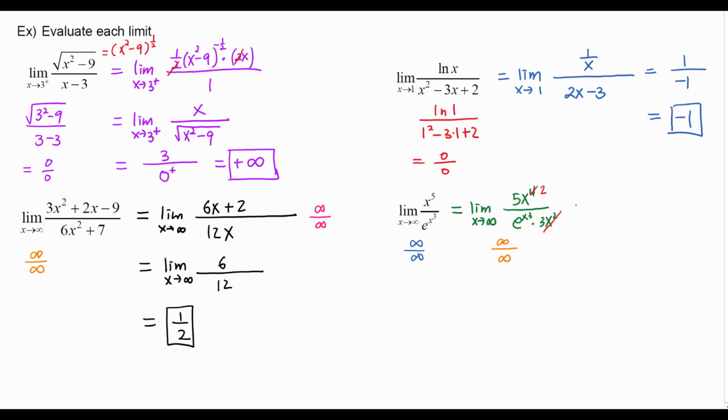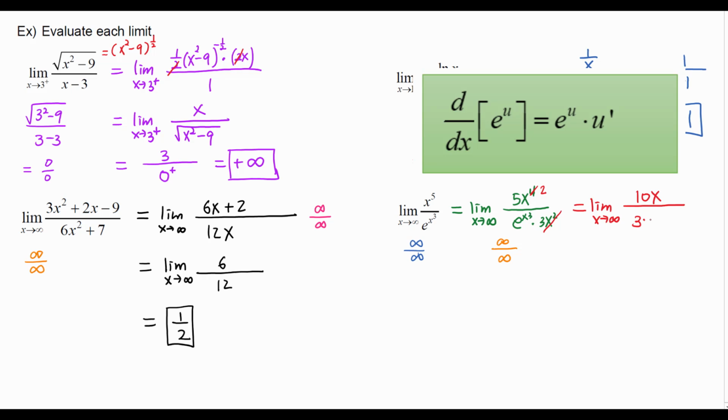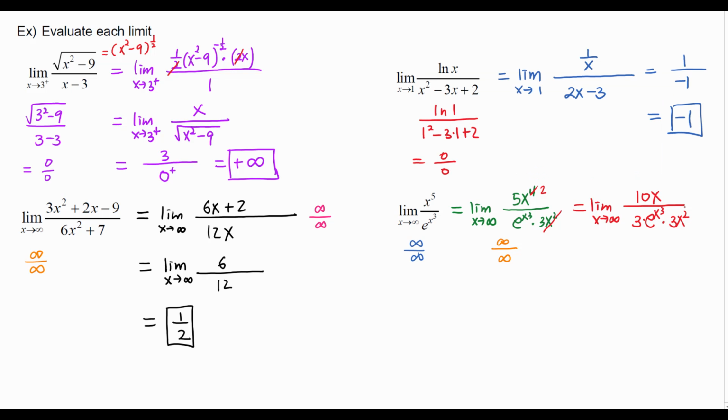So let's do that. Then the limit as x approaches infinity of the derivative of 5x squared is 10x. And I have a 3 times e to the u. The derivative of e to the u is e to the u times u prime, which is e to the x to the third power times the derivative of x cubed, which is 3x squared. So now you get to cancel an x with an x.